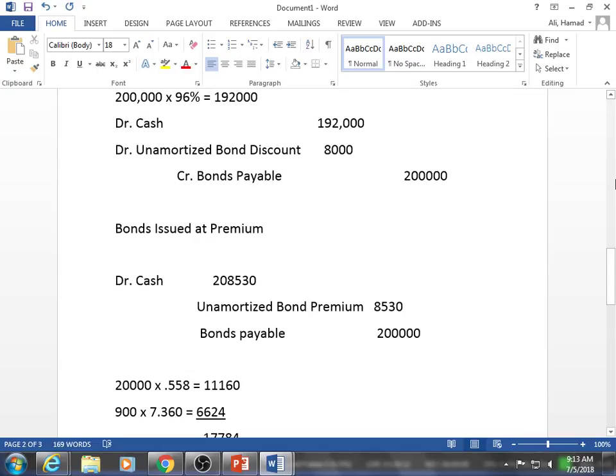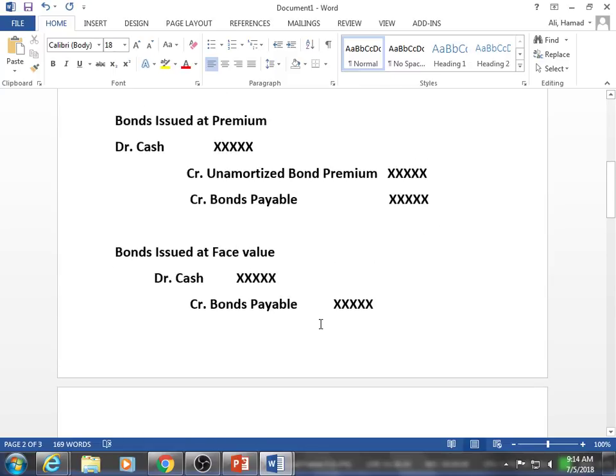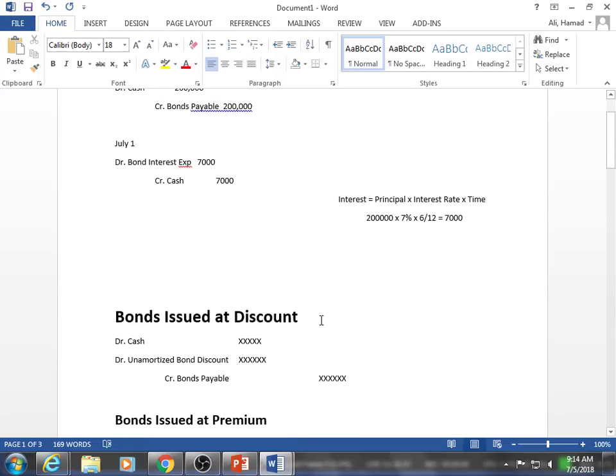I think the book did not do an example, so let's do our example on the premium. The interest expense is still 7,000.